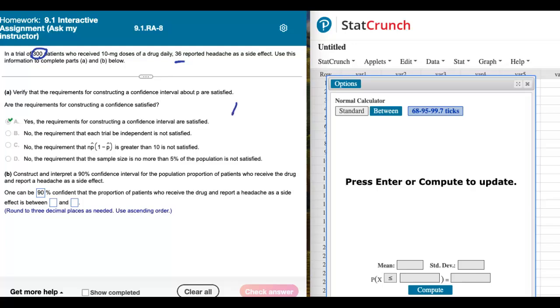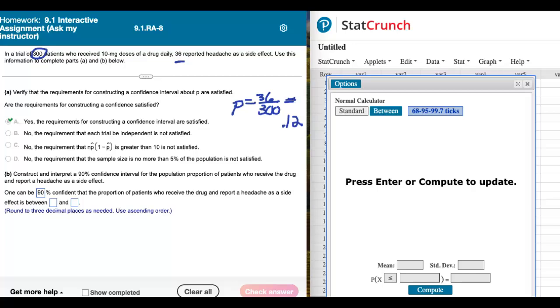So that proportion, 36 divided by 300, is 0.12. So that's our mean, 0.12.